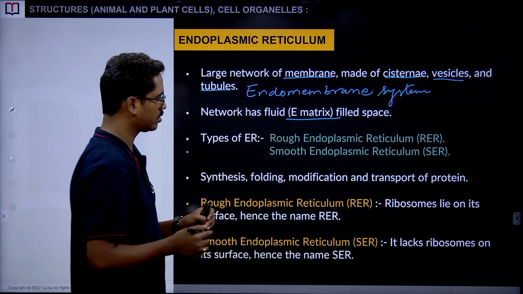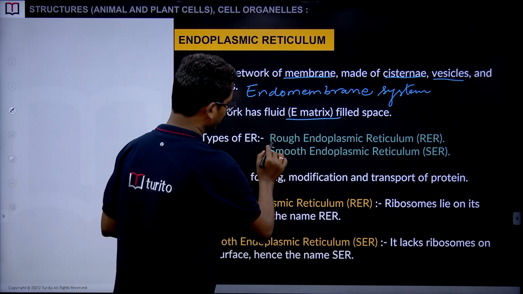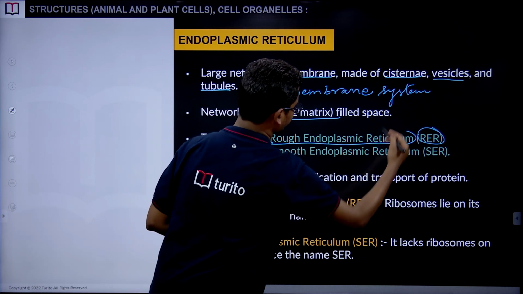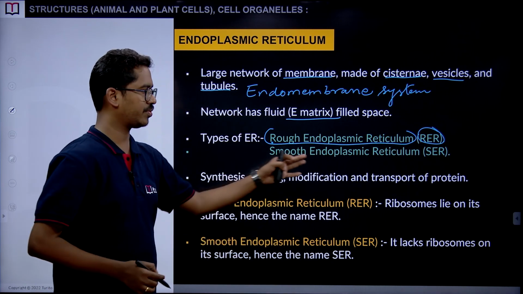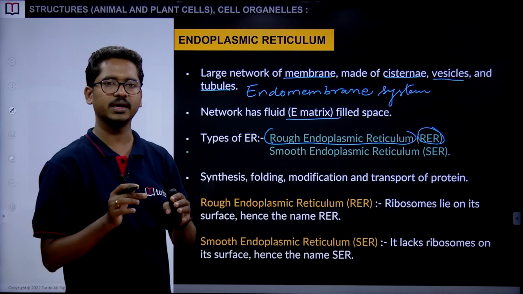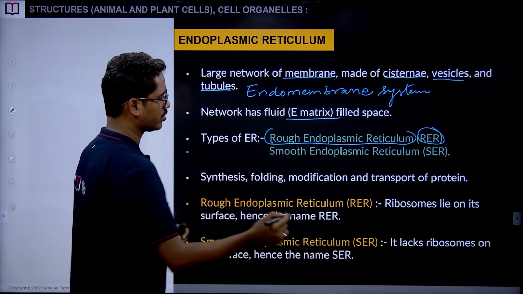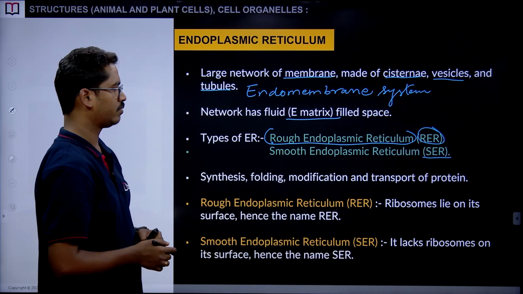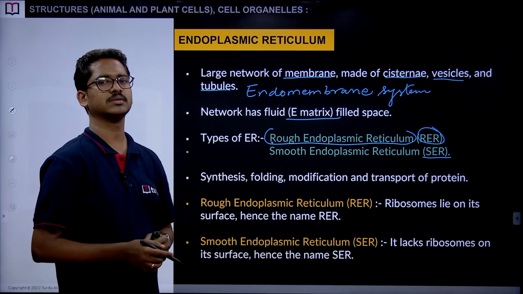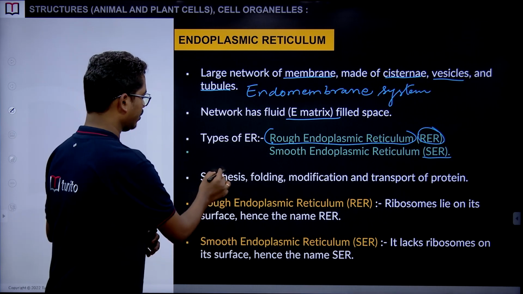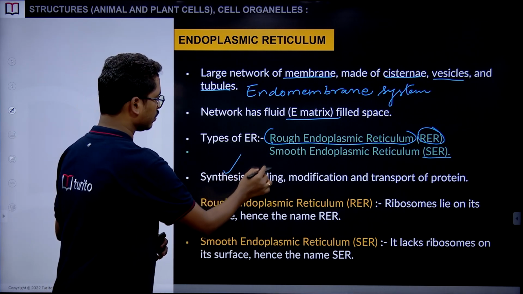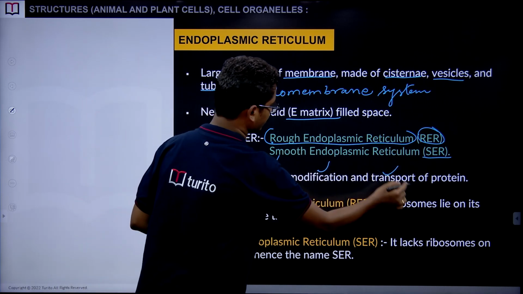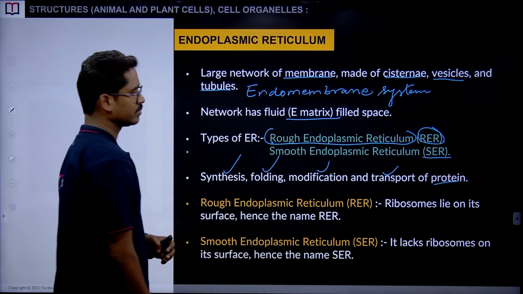Those spots are what we know as rough endoplasmic reticulum. The other endoplasmic reticulum, where you did not find any spots on the surface, was the smooth endoplasmic reticulum. Now, why do we need this? The endoplasmic reticulum is mainly involved in synthesizing, folding, modification and transportation of proteins.